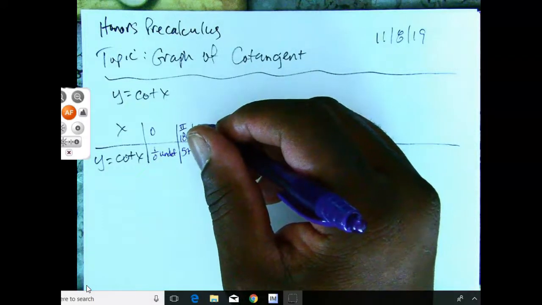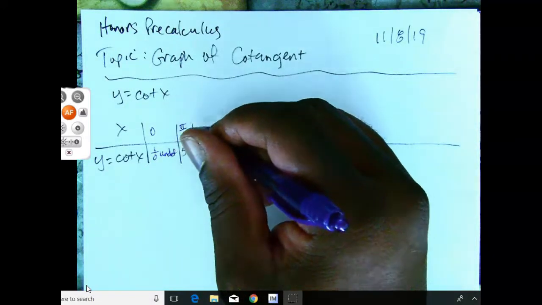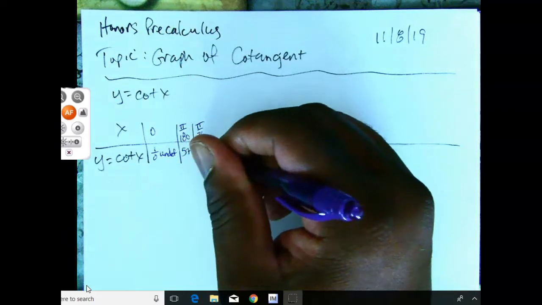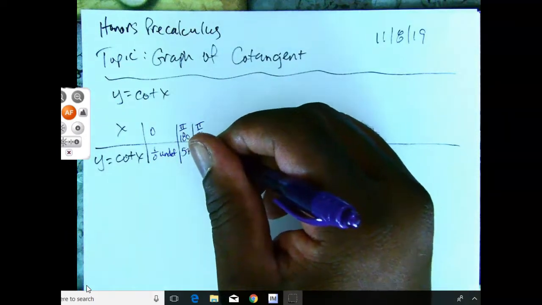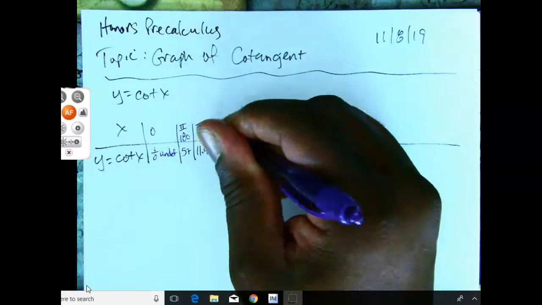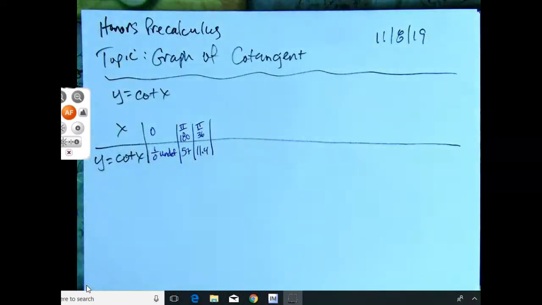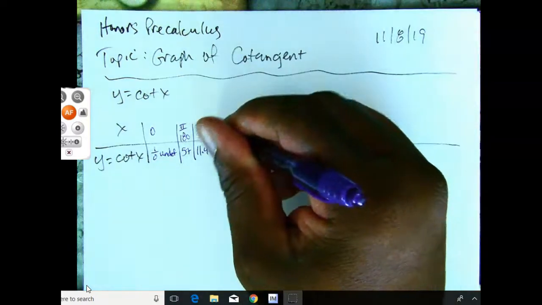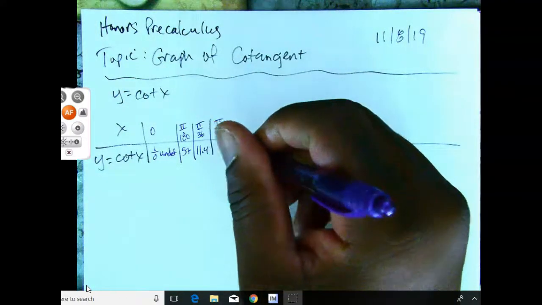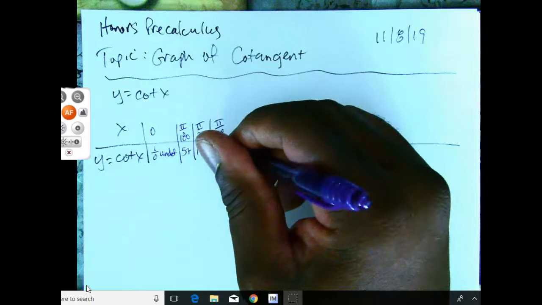When x is equal to pi over 36, which is 5 degrees, we get about 11.4. When x is pi over 18, that's going to yield about 5.7.